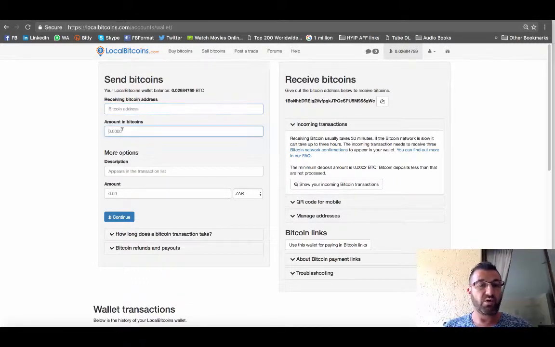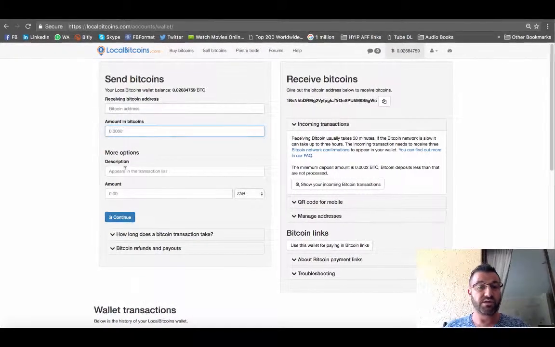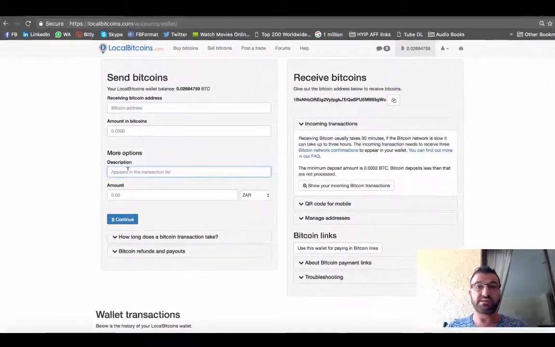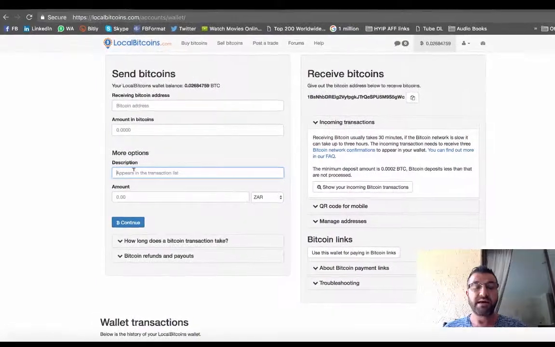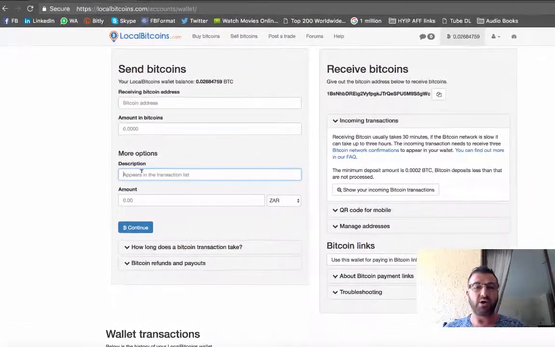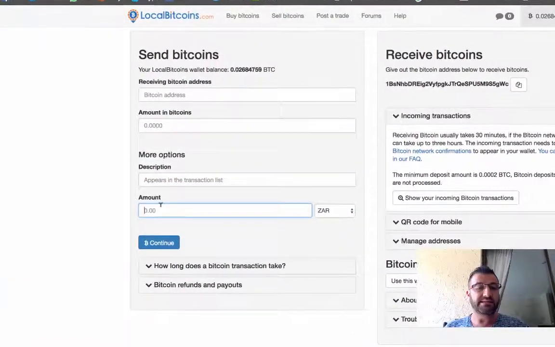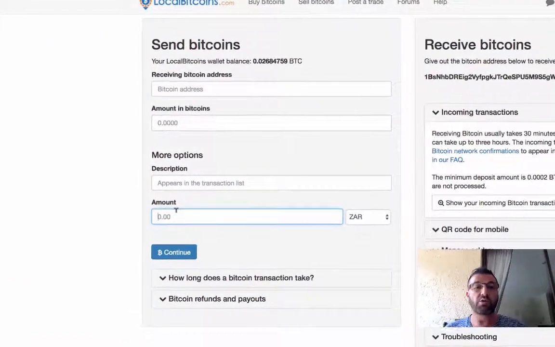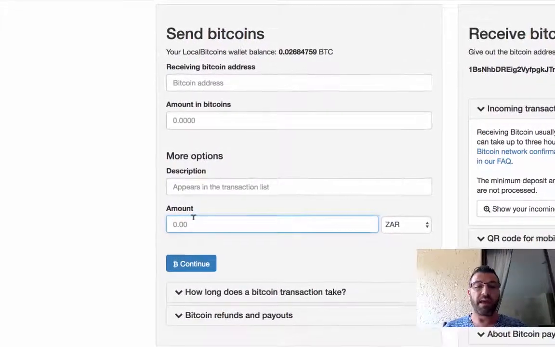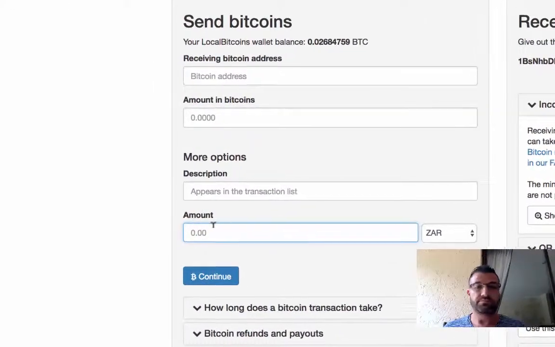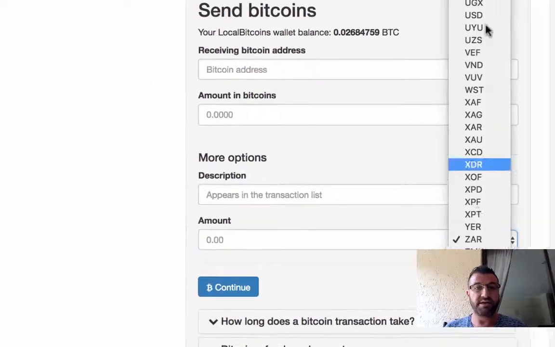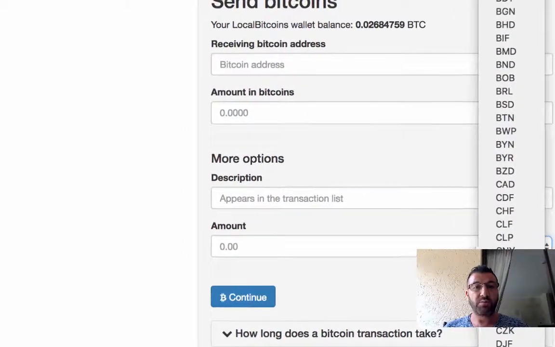This is the amount of Bitcoins I want to send to the person. This is the description, which is basically for my reference, so that I can keep track of what I'm buying Bitcoin for. And over here is the amount in your local currency. So let's say you wanted to send in euros, you'd go up to the top.